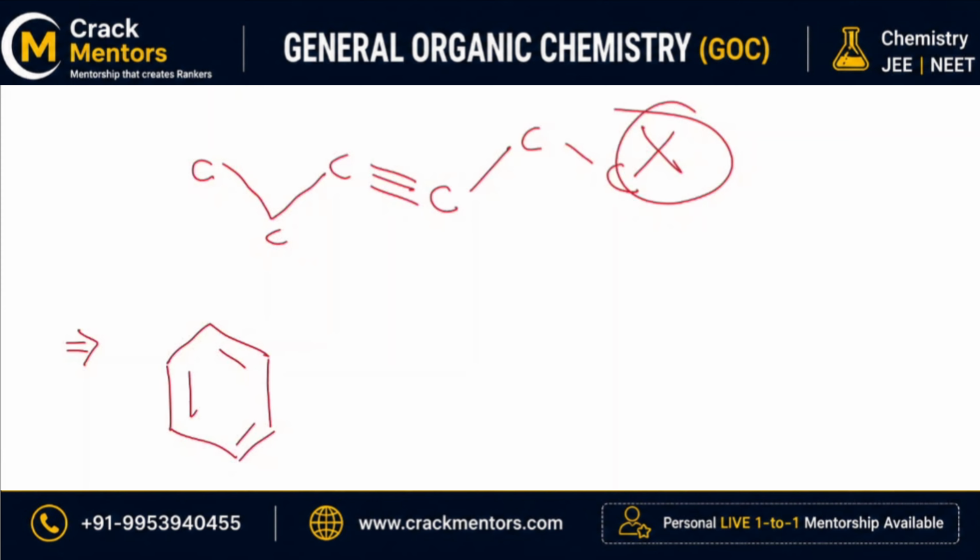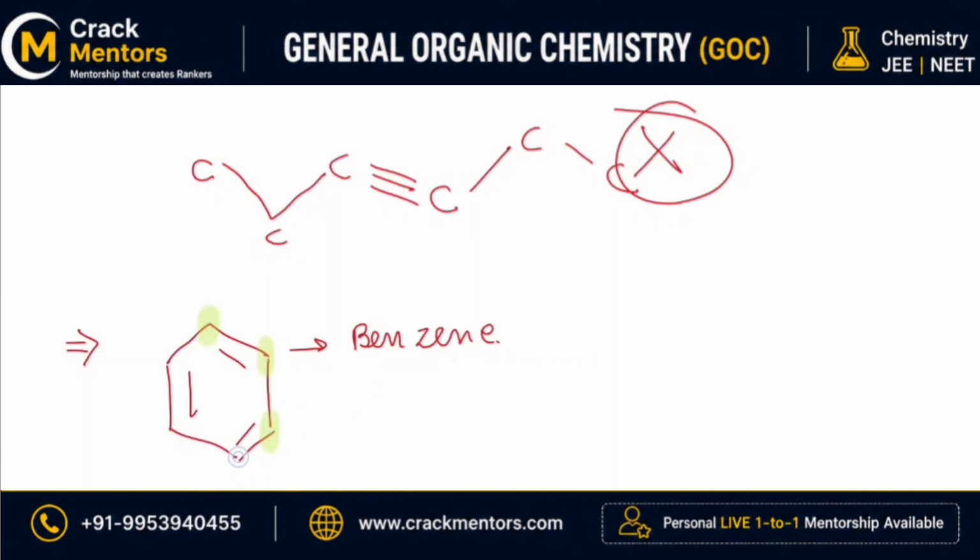The very first structure, its name is important, is benzene, which you will read again and again. I will point out the carbons for you. Here it is one carbon, here it is one carbon.